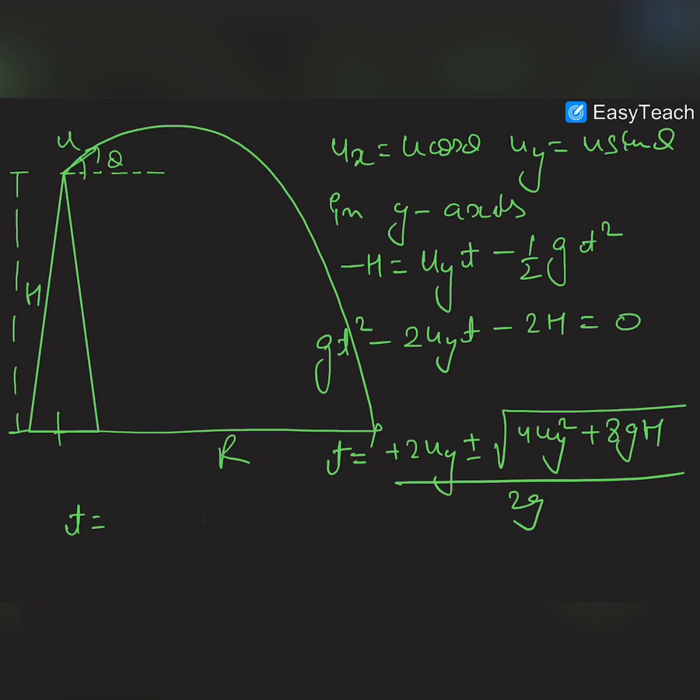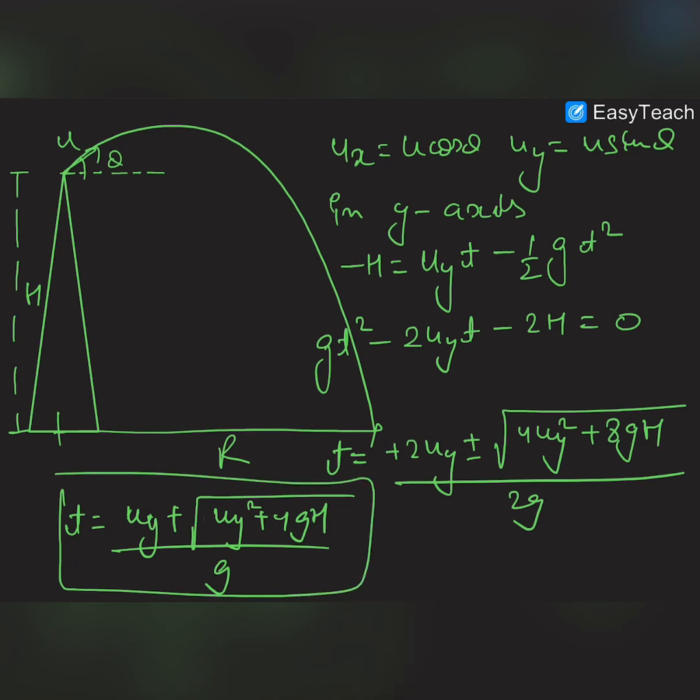So it would be uy plus under root of uy square plus 2gh divided by g. This is the time of flight, and if we multiply this time of flight with the horizontal velocity, then range would be equal to u cos theta into this time of flight.